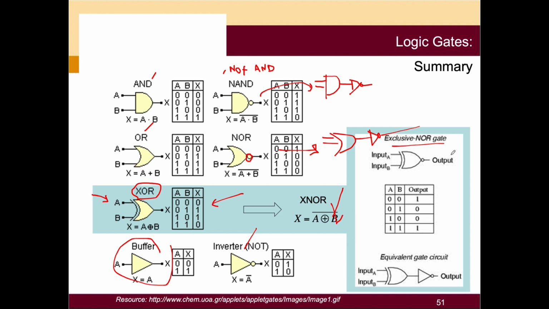You have 2 inputs and also 1 output. So what it looks like, this is the truth table. Later on I will give you an example of this, which is basically over here the exclusive OR, and then you have the NOT gate. This is how the equivalent gate circuit for the exclusive NOR gate looks. So later on I will focus on it in the next video, just to focus on those gates.